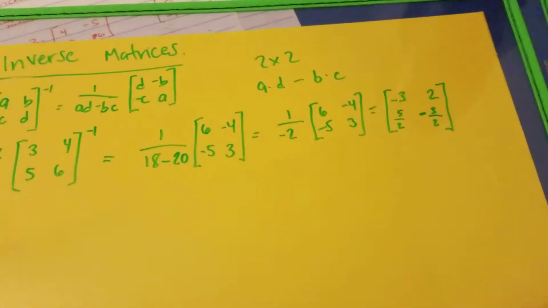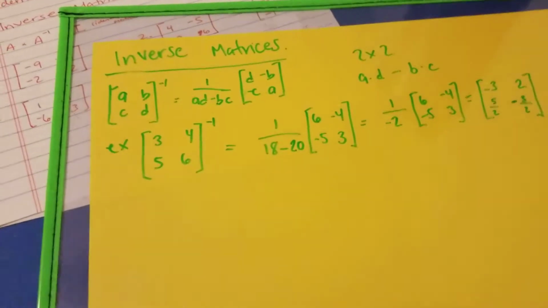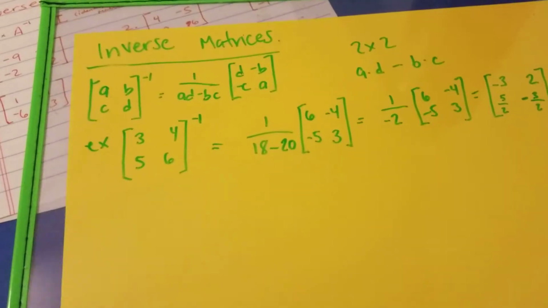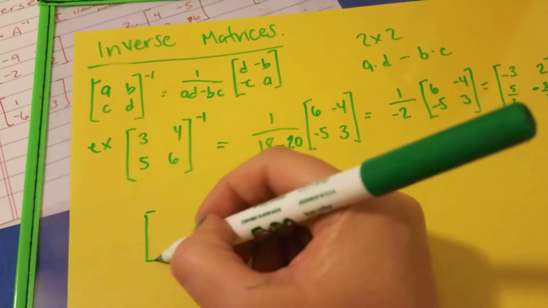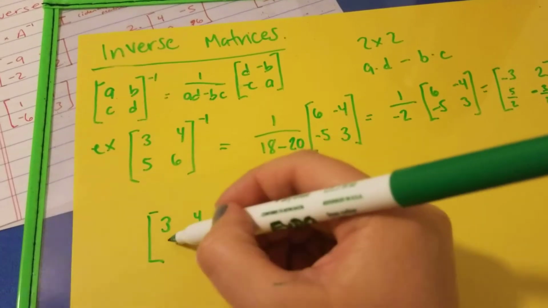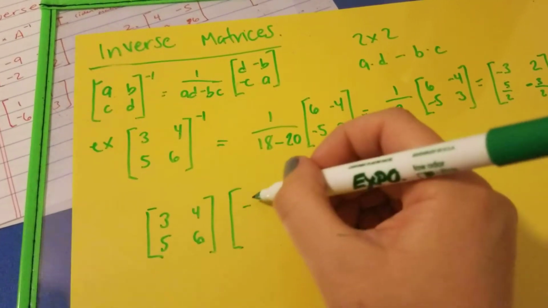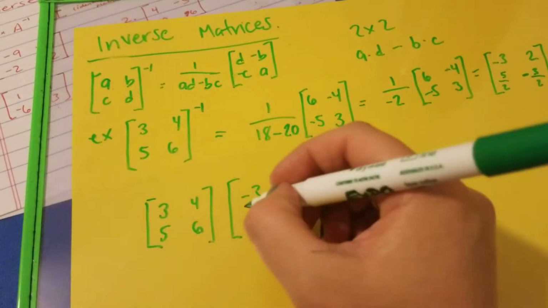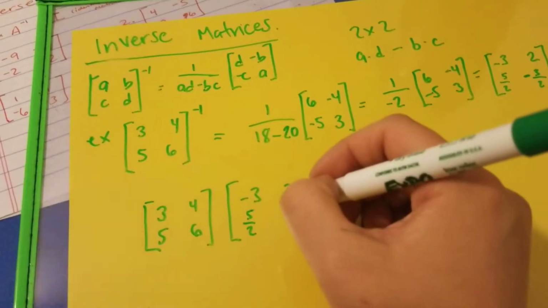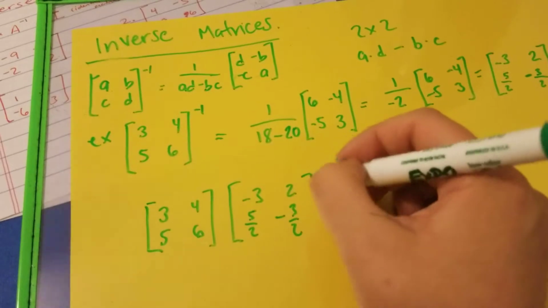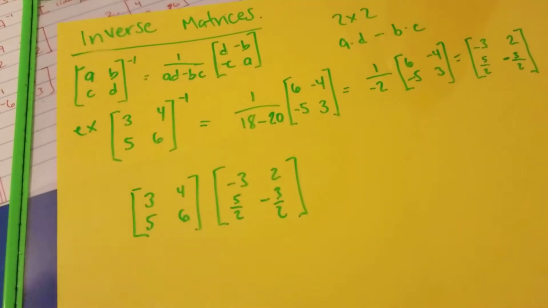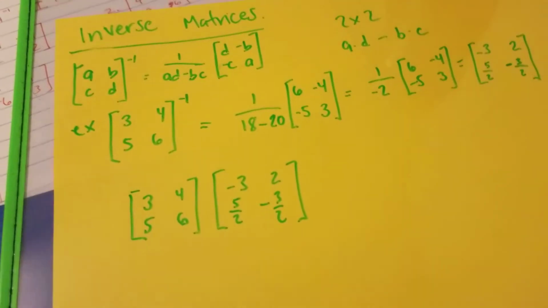The way we would verify it is, again, applying what I mentioned earlier: if you take the original matrix and multiply it by the inverse, it should give you the identity matrix. If it doesn't, then something went wrong.